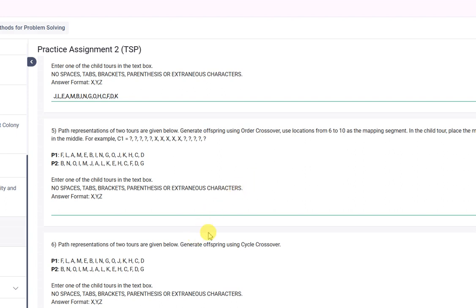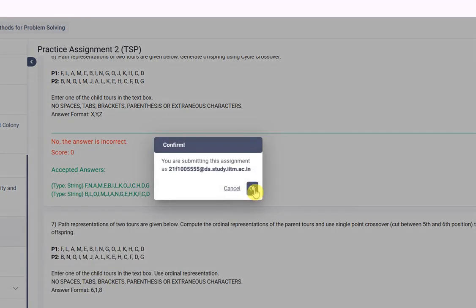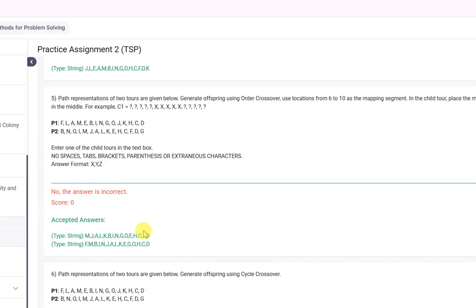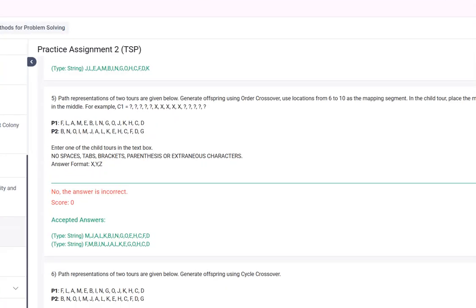It's an order crossover. So what we will do in order crossover from 6 to 10, so we are going to find the solution as MJALK BINGO.